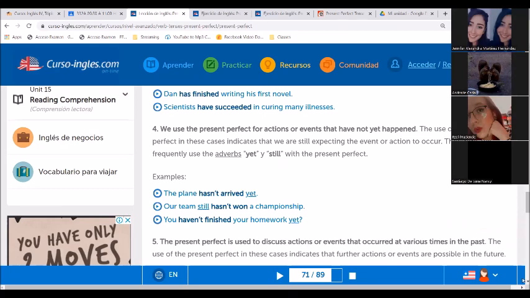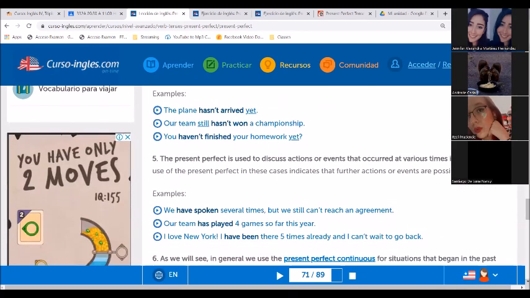All right. Next one, Jennifer, number 5. The present perfect is used to discuss actions or events that occur at various times in the past. The use of the present perfect in these cases indicates that further actions or events are possible in the future.